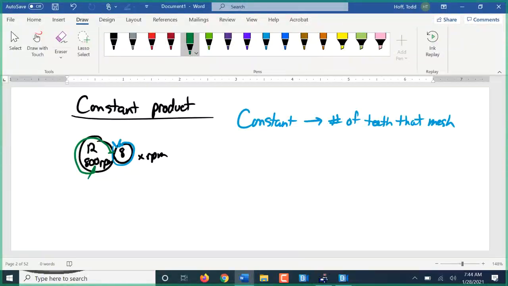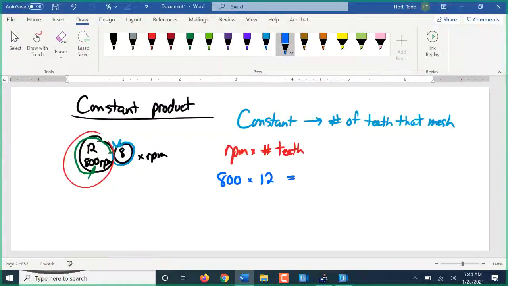So the number of teeth from the first gear is its speed, RPM, times number of teeth. And that's going to be a constant for each gear. So we have 800 RPM times 12 teeth. That's for the big gear.